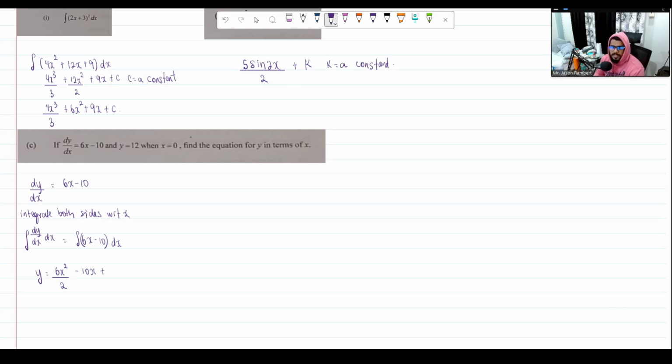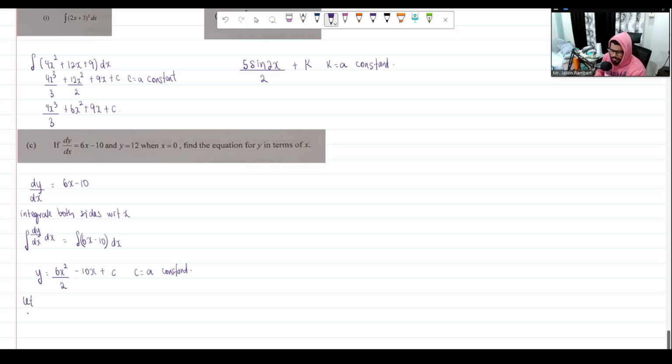Part 1 and part 2 would be related to each other, but part c is completely independent. So I could put back c, where c is a constant. We're told that y is 12 when x is 0.